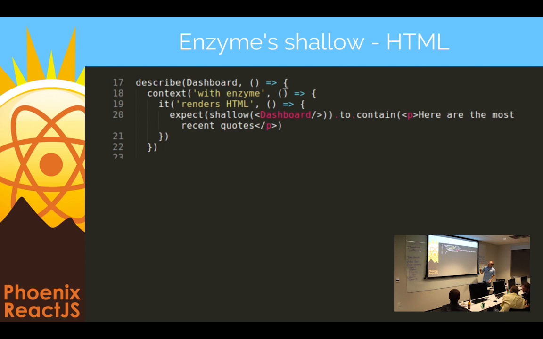And with contains, I would have expected, this is interesting because I thought I would have written the contains on the shallow and not on the expectation. So this is not how I would have thought, but I know that this test passes, so this actually works.